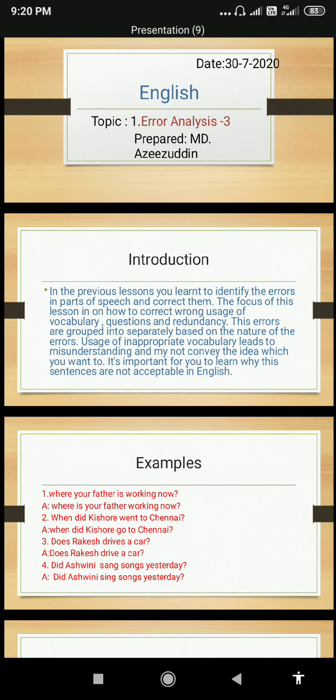Okay. Next, have a glance over example 3. Robert bought fruits yesterday, doesn't he? Robert bought fruits yesterday. This is related to simple past tense. For simple past, we have to use did. For present, we use either do or does.